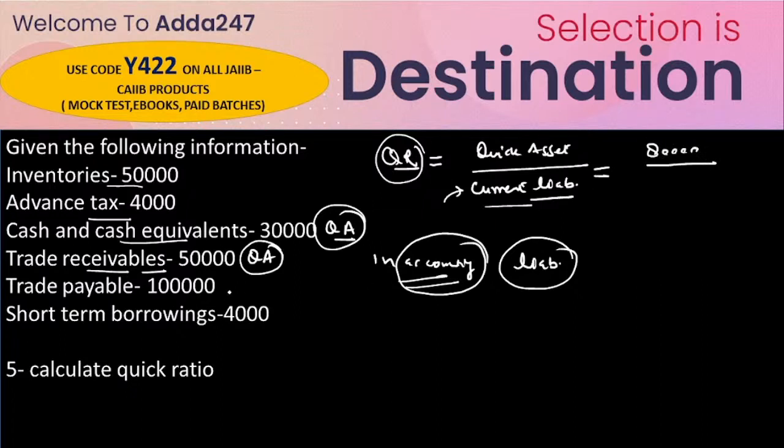While in the liability case, we consider current liabilities, not quick liabilities. Current liabilities are account payable or trade payable or short term borrowings. So just add these, and the total is 1,04,000. Just solve this and you will find the answer, and the answer would be 0.77 is to 1. So that would be the answer for the quick ratio.